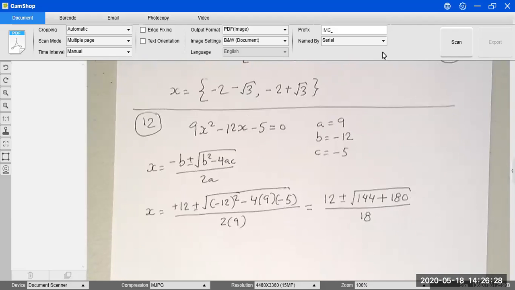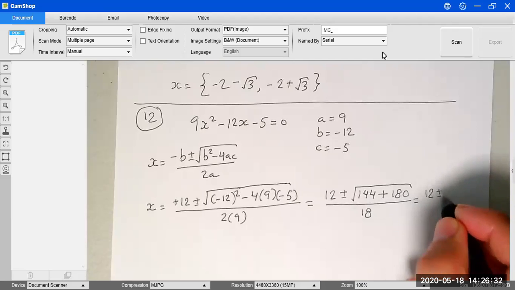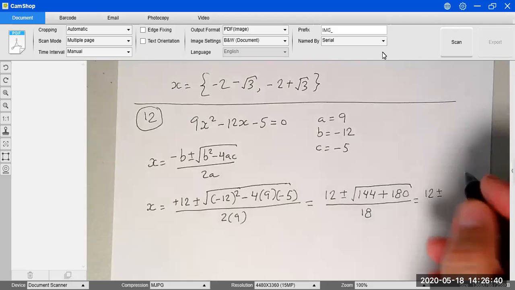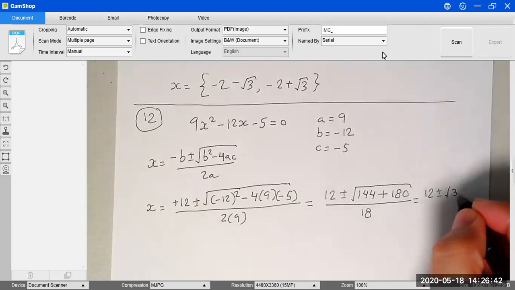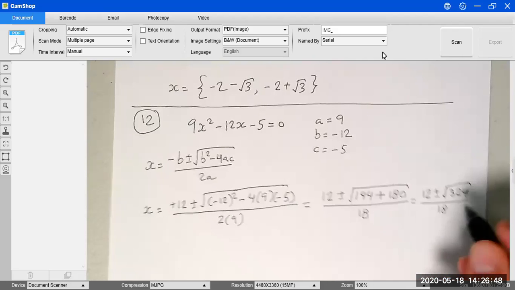So we continue simplifying the radical. So you get 12 plus minus, and now you have 144 plus 180 is gonna be 324. So we're gonna get 324 over 18.